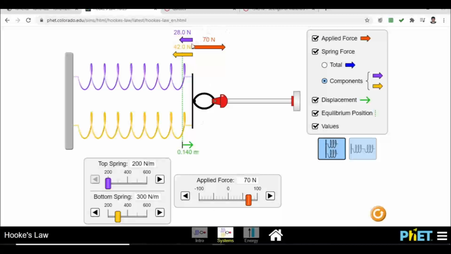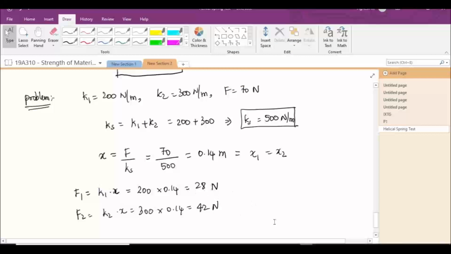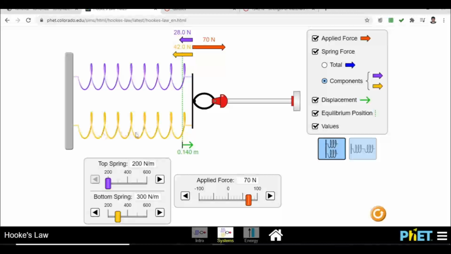The force applied in the first spring, 200 Newton per meter, the purple spring, is 28 Newton, which is exactly what I got here. The second spring, the yellow spring of 300 Newton per meter stiffness, has an applied force of 42 Newton.